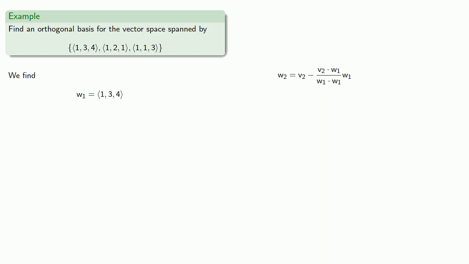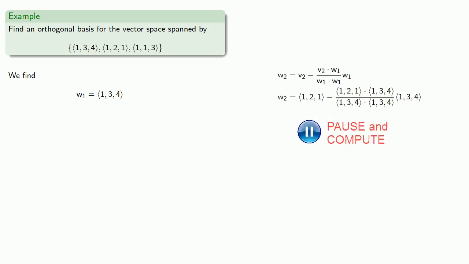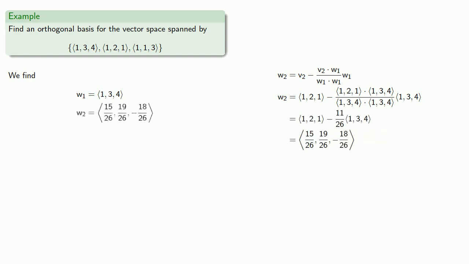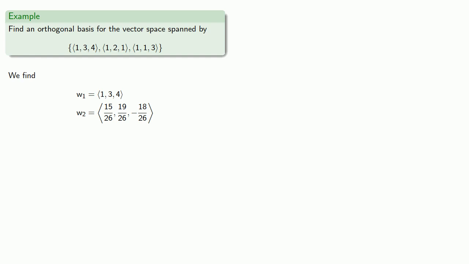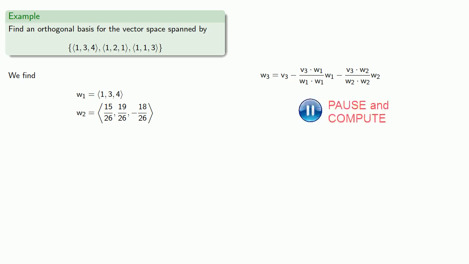And that's just our projection vector, and so if we muddle through the dot products, we find the result. For the third vector in our orthogonal set, we'll start with the third vector in our original set and subtract off the projections onto the other two vectors, 1, 3, 4, and this thing. And so wading our way through the dot product and the projection formulas, we get the result.